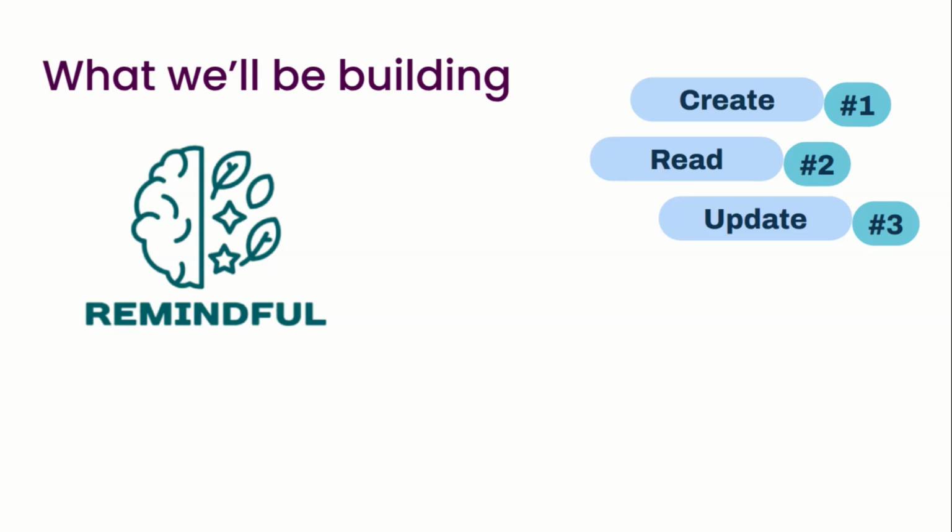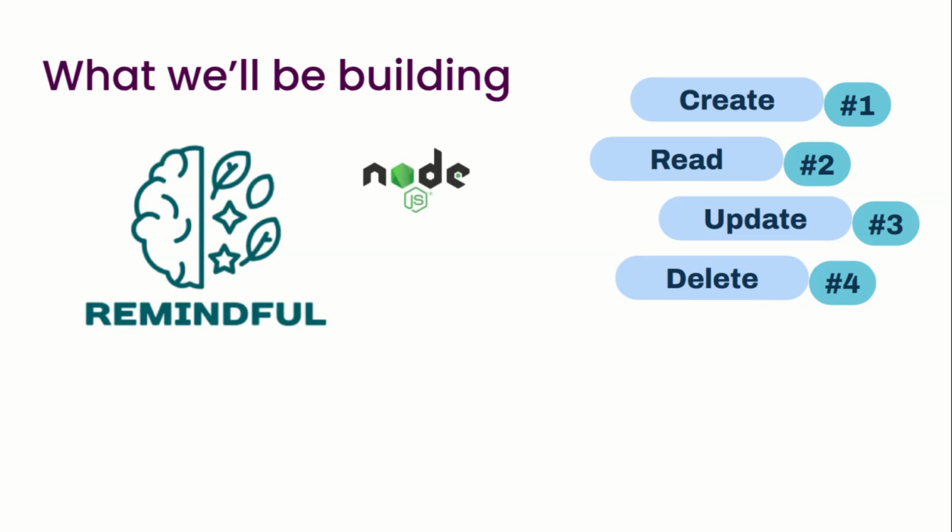So we can update that. We can also delete it. So basically we are going to cover all the different CRUD operations so that you can get a clear understanding of it. For the business logic, we are going to use Node.js, and for storing the reminders, we are going to use MongoDB in this case, right?